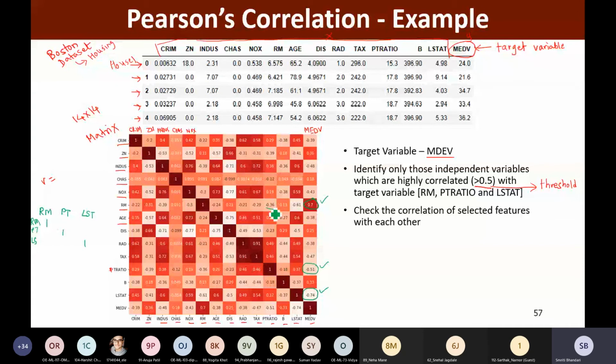Okay, so correlation between RM and PT ratio is minus 0.36 and RM and LSTAT is minus 0.61. Then PT ratio and RM, obviously it is minus 0.36.